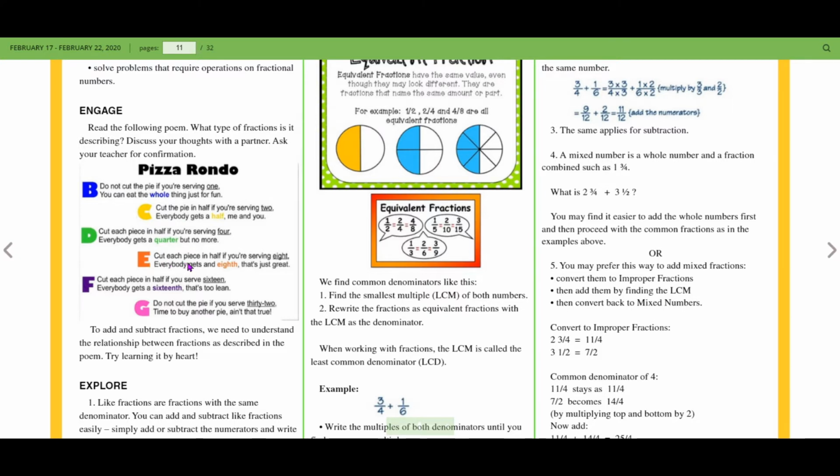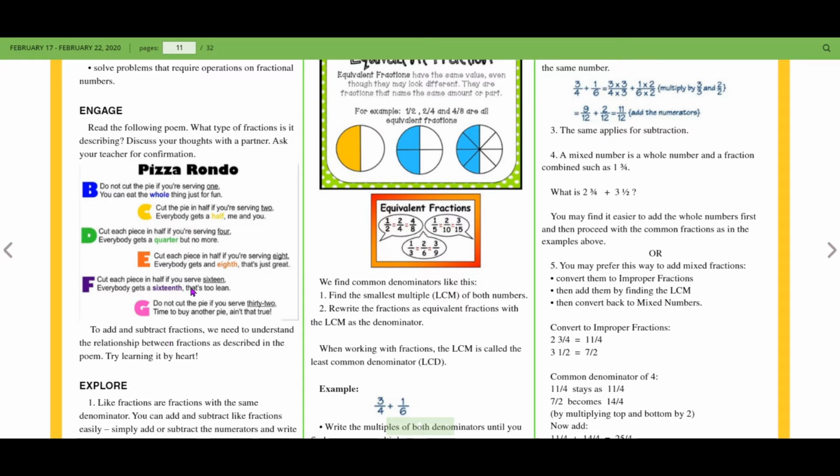Cut each piece in half if you are serving eight. Everybody gets an eighth. That's just great. Cut each piece in half if you serve 16. Everybody gets a 16th. That's too lean. Do not cut the pie if you serve 32. Time to buy another pie. Ain't that true?